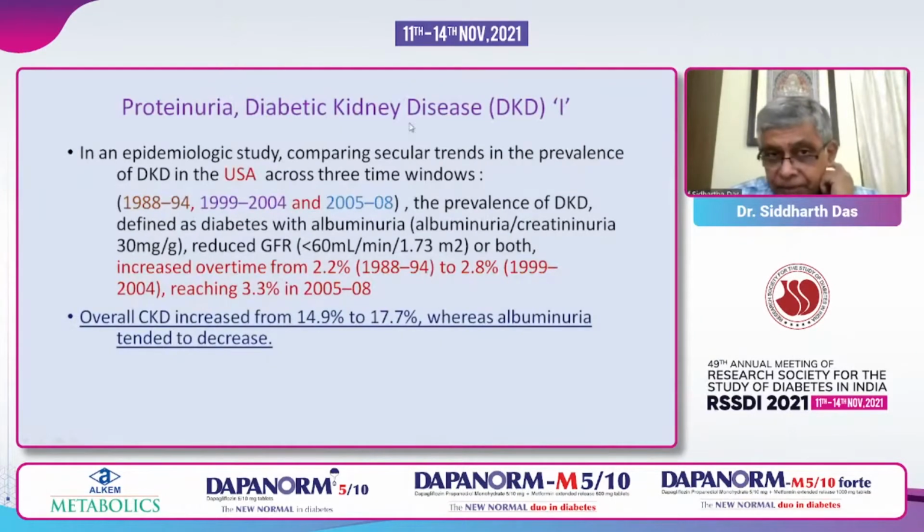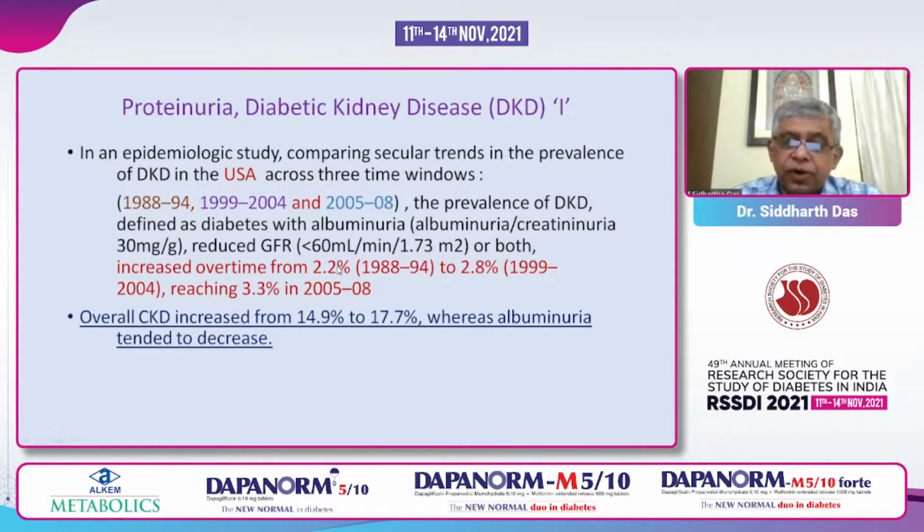Now, coming to DKD, proteinuria and diabetic kidney disease. In an epidemiological study comparing secular trends in the prevalence of diabetic kidney disease in the USA across three time windows, 88 to 94, 99 to 2004, and 2005 to 2008, it was seen that albuminuria, an albumin creatinine ratio of 30 milligram per gram, and reduced GFR of less than 60 ml per minute per 1.73 meter square, both increased over time.